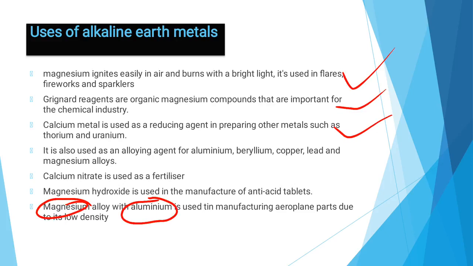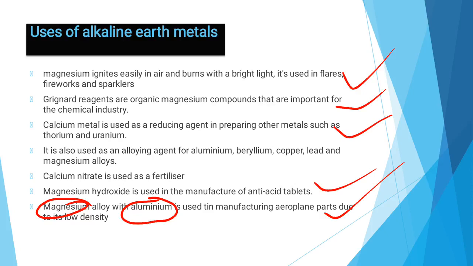This alloy is very light and it's used in making aeroplane parts. Then we have magnesium hydroxide, which is used in the manufacture of anti-acid tablets. You have heard of people complaining of their stomachs, and they get tablets. After some time, they say that they are feeling well. That is because we use magnesium hydroxide.